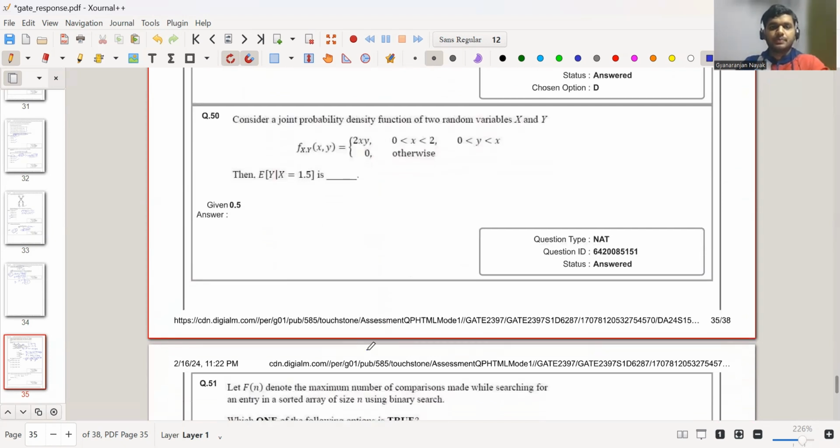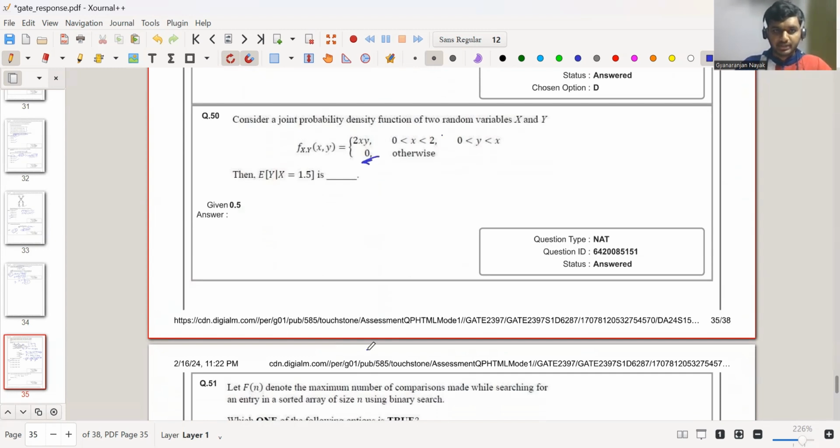So 50. Consider a joint probability distribution of two random variables x and y. Here the function is given with two random variables, that is f of xy is equal to 2xy if x belongs to from 0 to 2, otherwise it is 0.